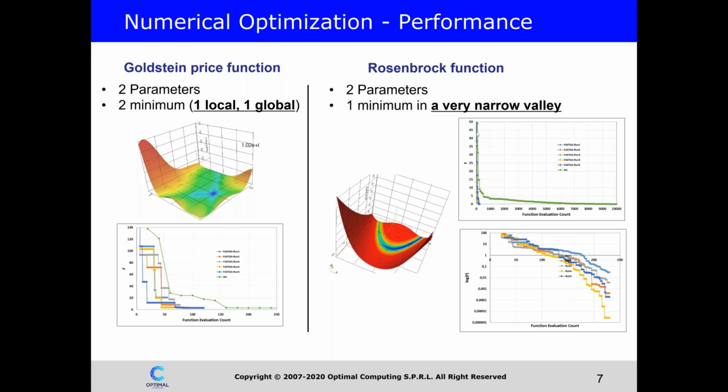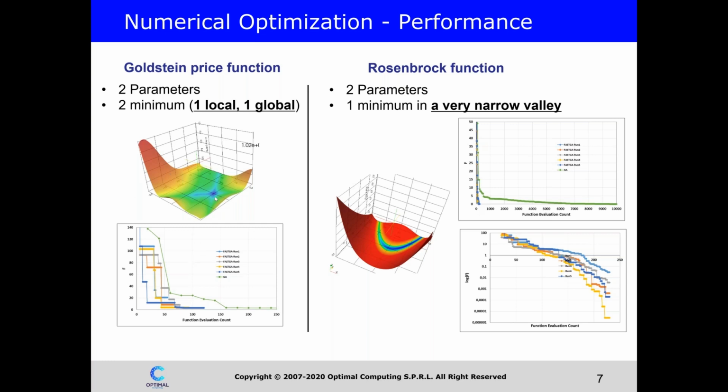And on this graph, you see the performance of a simple genetic algorithm, which may require many thousand evaluations. And when we use our numerical optimization algorithm, the convergence here is much, much faster.